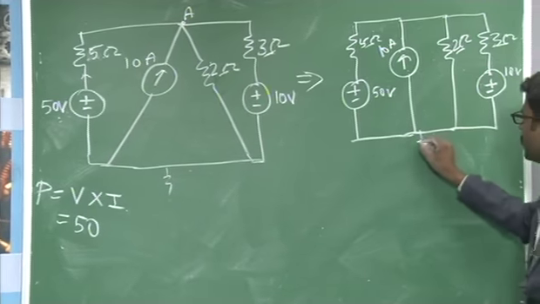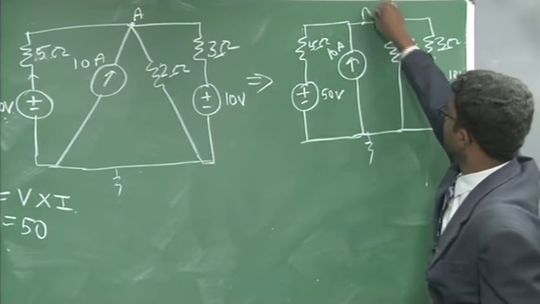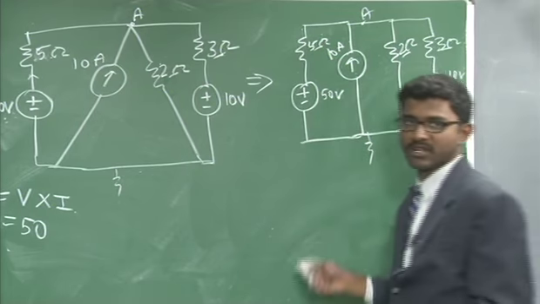So in this circuit also, if I take this as ground, this is A, it is nothing but the same. I have redrawn the circuit in a simpler way.